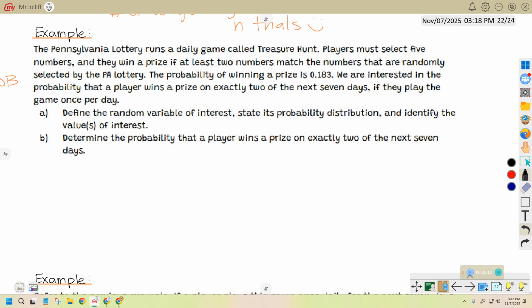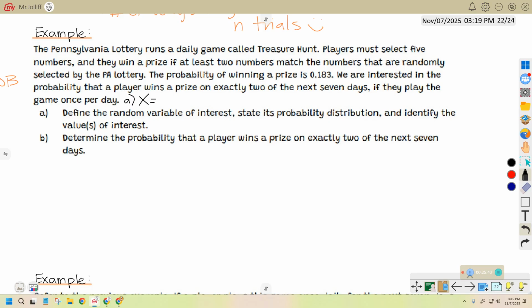So, the first question, 4A, what are we interested in keeping track of? I'm playing the lottery for 7 days. What am I keeping track of? I'm playing the lottery. What do I want to happen? I want to win. I'm keeping track of the number of days he wins when he plays.